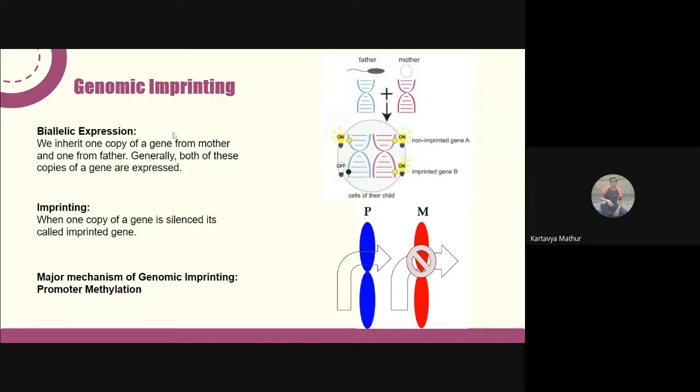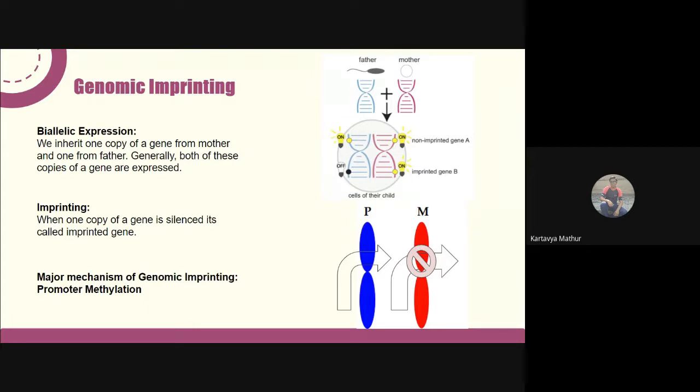Okay. So the next topic I will be discussing is genomic imprinting. Until now, you have heard that we carry two alleles. We are biallelic, and both of these are expressed, if not at the same time, then at different times.